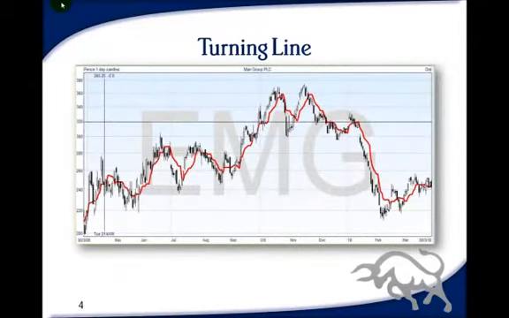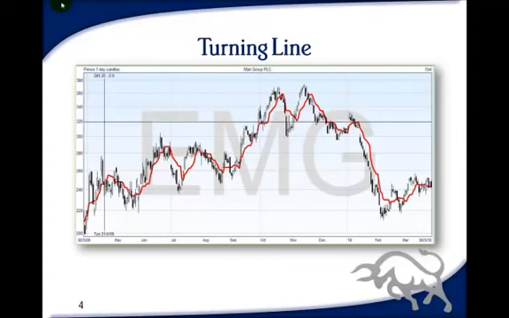The first line is called the turning line. It's also sometimes called a conversion line, and this one is a 9-day high-low line. What I mean by that is that it looks at the last 9 days and takes the highest high and the lowest low that happened in all of those days, and it calculates the middle number.